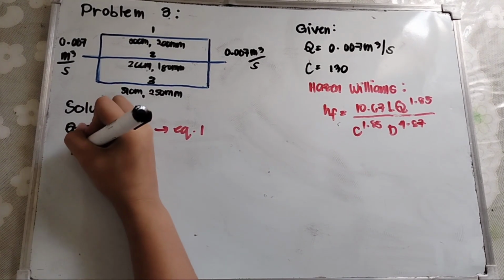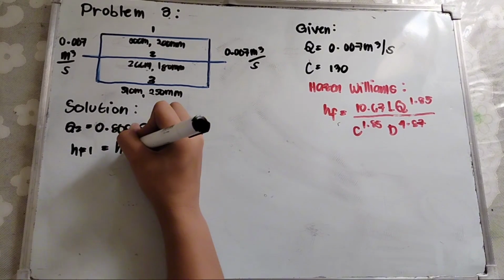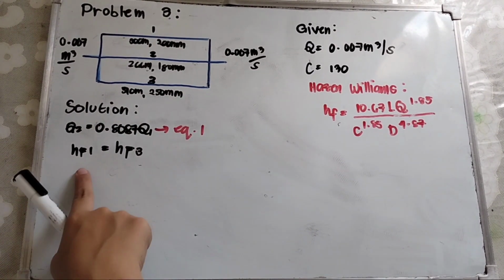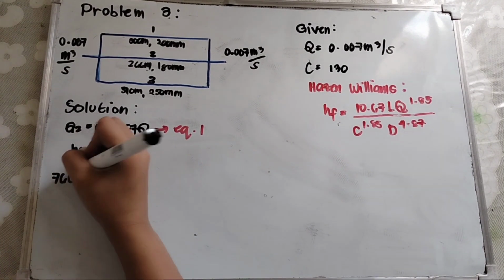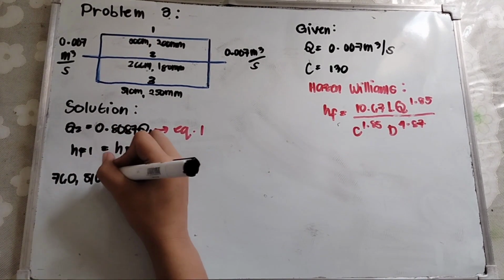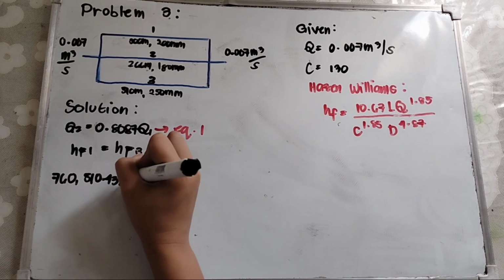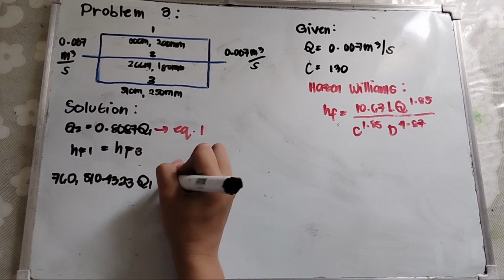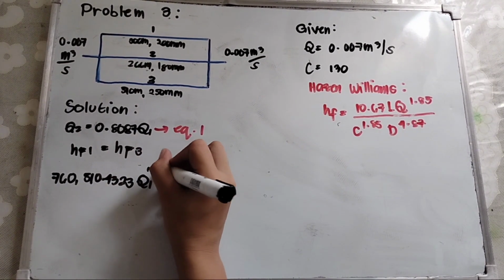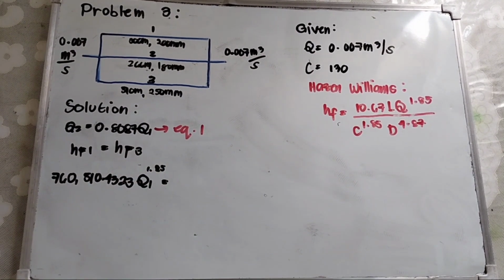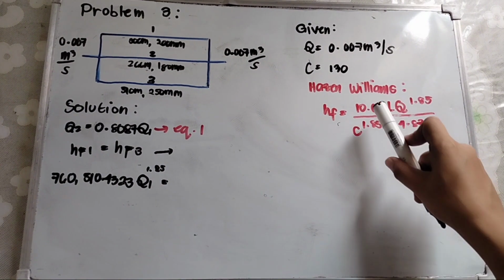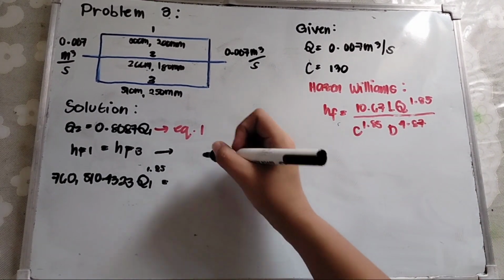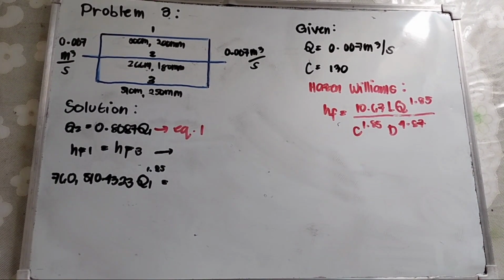To find our second equation, again, we'll just use the same process as we did for equation number 1. So, we have our head loss at pipe 1 is equal to our head loss at pipe 3. Since we already have a value for our head loss at pipe 1, we just need to write it out. To solve for our head loss at pipe 3, we just need to cancel 10.67 and the Hazen-Williams coefficient.